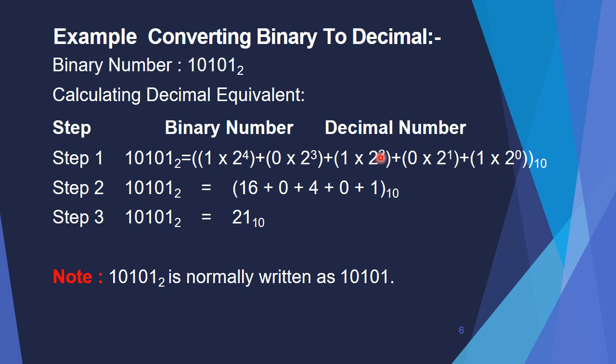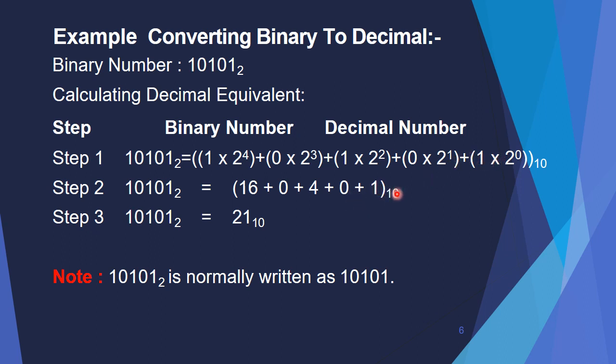And then plus 1 into 2 to the power of 2 is how much? 2 times 2 is 4, and 4 into 1 is 4. And then 0 times anything is 0 only, so I have not even multiplied. Plus 1 to the power of 0 is how much now? 1, and 1 into 1 is 1.